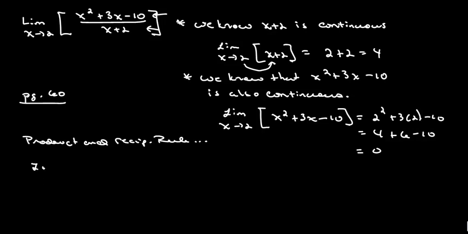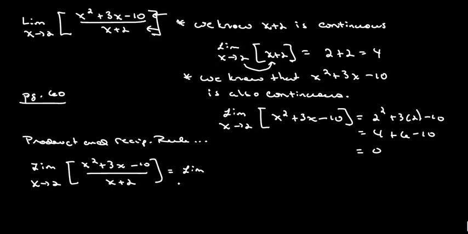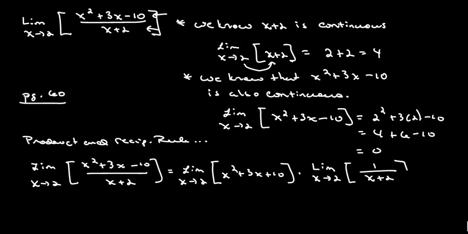Well, that says that the limit as x approaches 2 of x squared plus 3x minus 10 over x plus 2 is going to be equal to the limit as x approaches 2 of x squared plus 3x minus 10 times the limit as x approaches 2 of 1 over x plus 2.